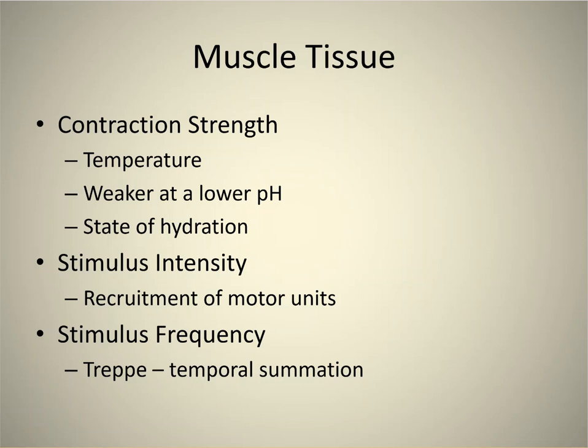Warm muscles generate more tension than cold muscles. A lower pH will cause a stronger contraction than a higher pH. In a state of dehydration, if the muscle is really dehydrated, it won't generate as much tension. Stimulus intensity, remember, recruits motor units. The higher the stimulus intensity, the more motor units are recruited, and over the whole muscle, the greater the tension.